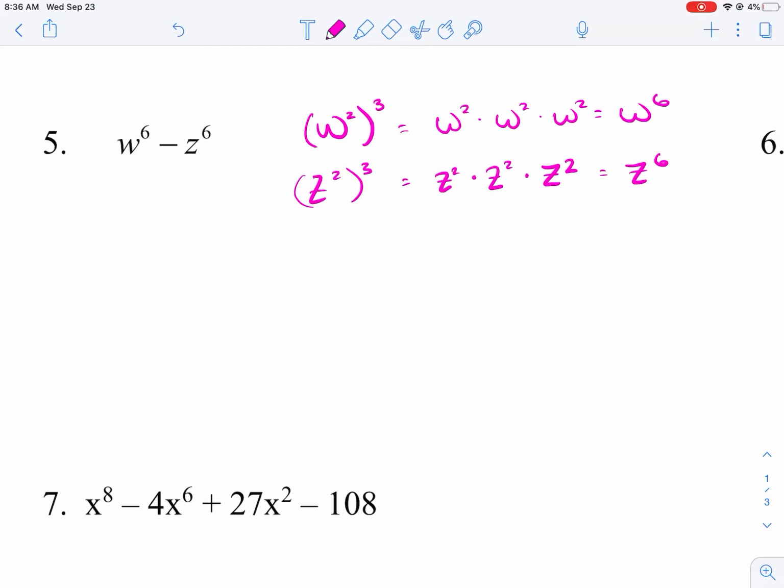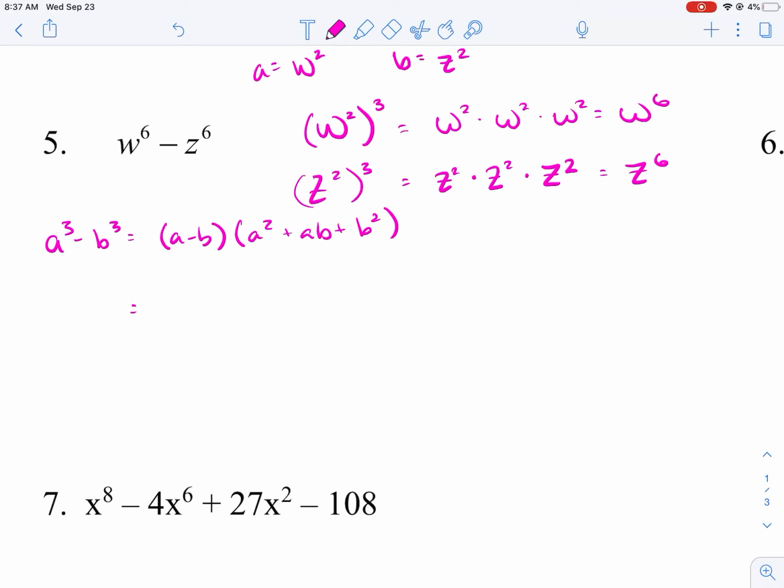So, here we go again. We're going to go a cubed minus b cubed. I'm just going to keep writing this for you. I'm a nice guy like that. So we're going to fill in the blanks here. In this case, our a is w squared. Our b is z squared.